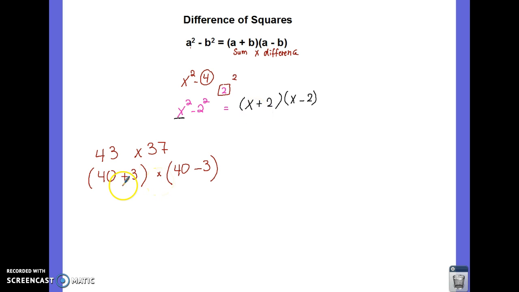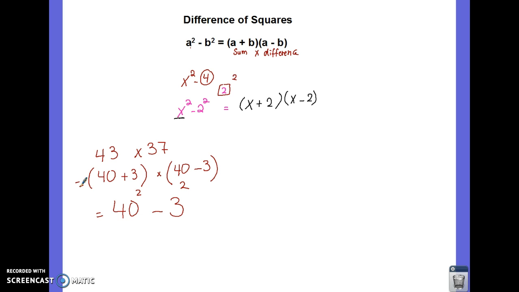So, you have the sum of two numbers times the difference of the same exact numbers. Does that remind you of something? Of course, the difference of squares. So, you can just simply say, okay, that means 40 squared, first base squared, minus the second base squared. Oh, that's a lot easier and simpler.